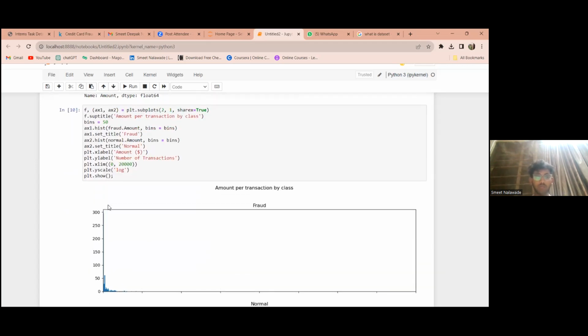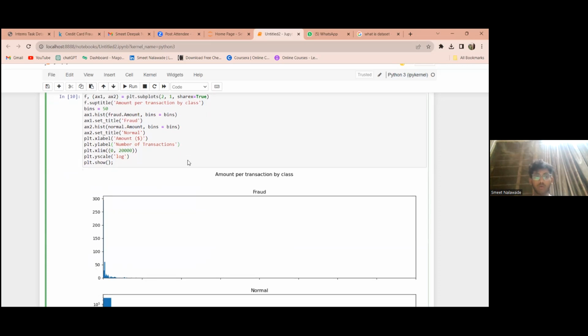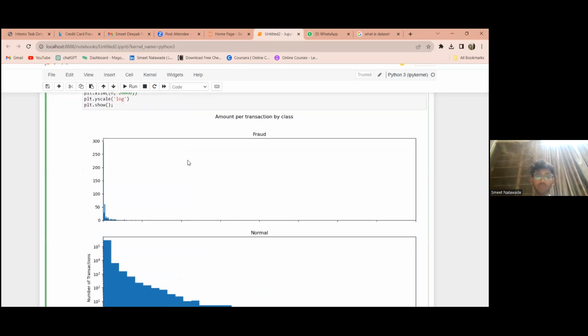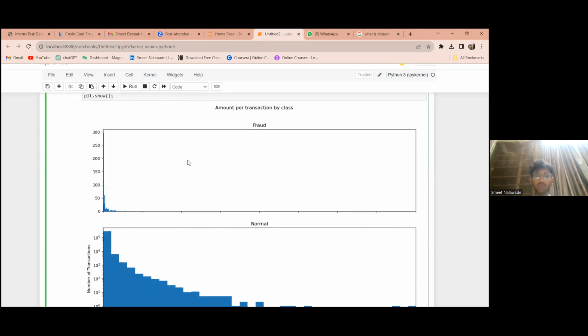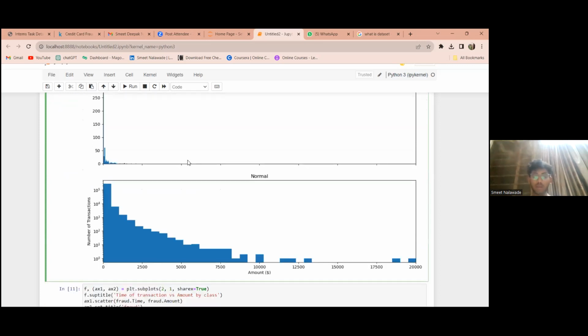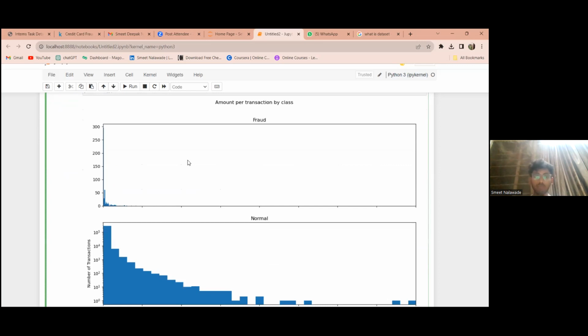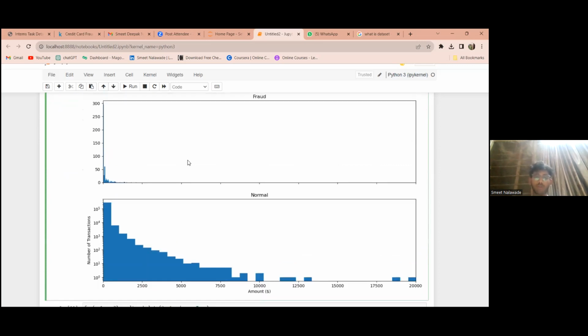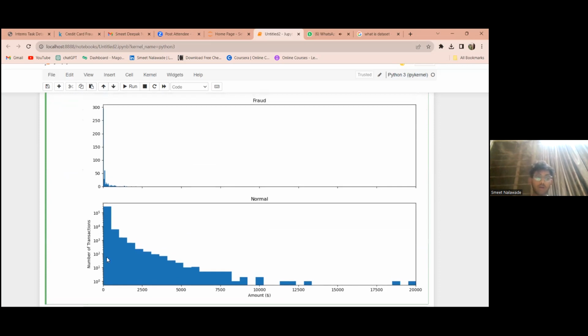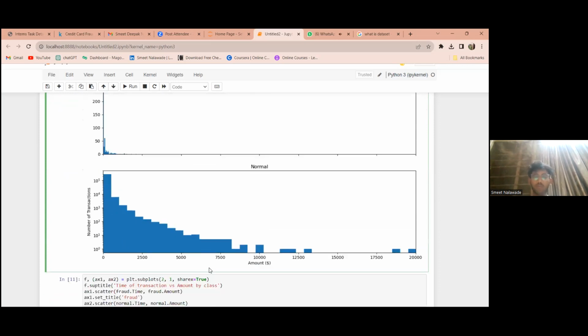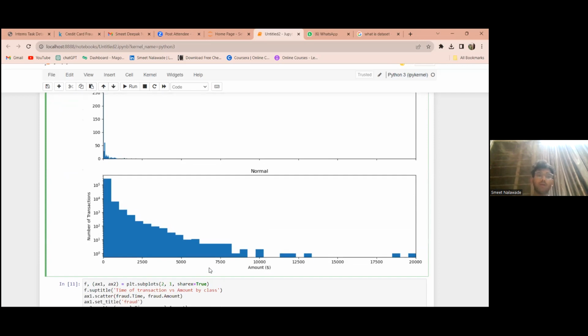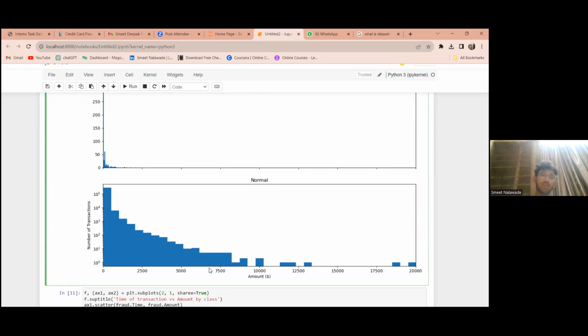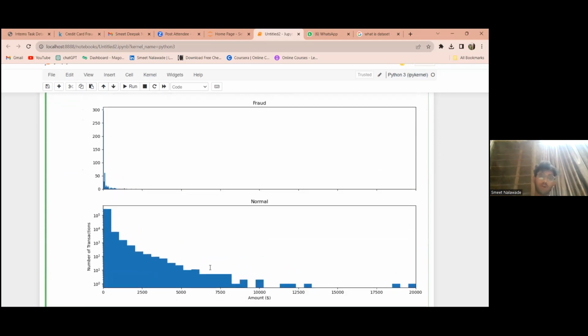So let's move further. In the above code, we have compared the amount per transaction by class, and the amount per transaction in fraud versus in normal. By plotting the histogram, we can clearly see that the number of transactions in normal is more than the number of transactions in fraud.